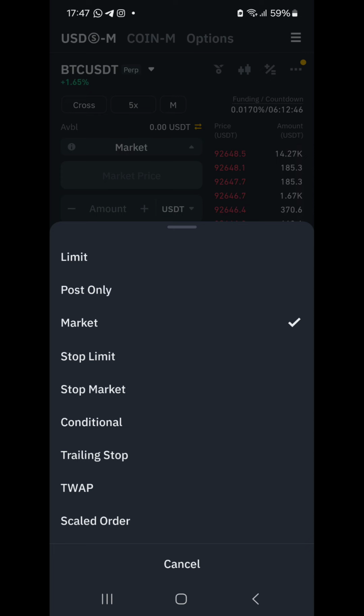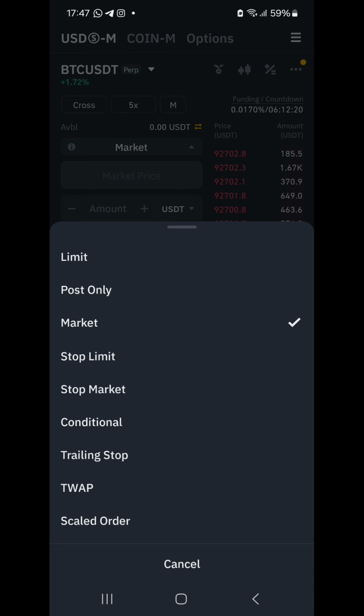When the price is already at the price that you want to enter, this is not a market execution. When you choose post only and the price is already at the point that you want to buy or sell, the market will not execute because it will only be taken as a maker order. We will explain what a maker order is.